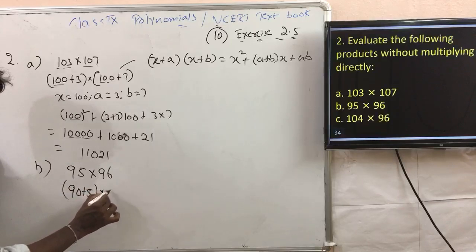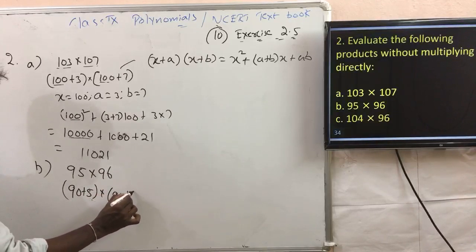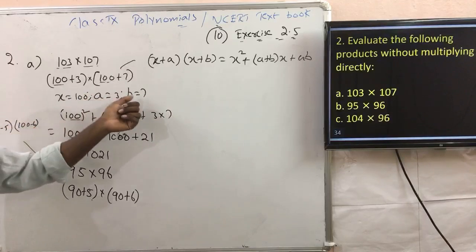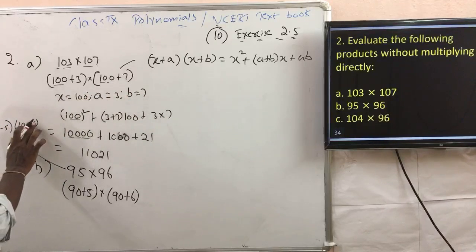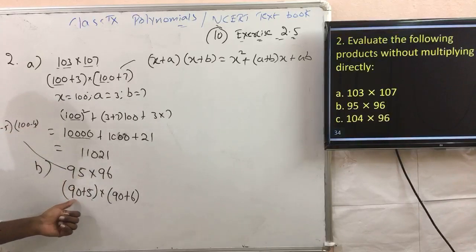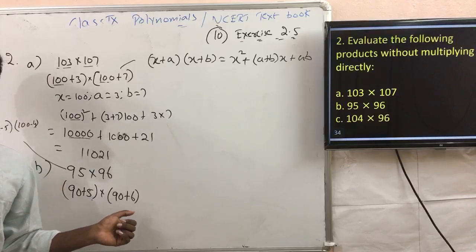And 96 as 90 plus 6. Even you can write this as 100 minus 5 into 100 minus 4, where in place of x you get 100, in place of a minus 5, in place of b minus 4. It is 96, no? Otherwise you can use 90 plus 5 into 90 plus 6, because summation is always very easy.